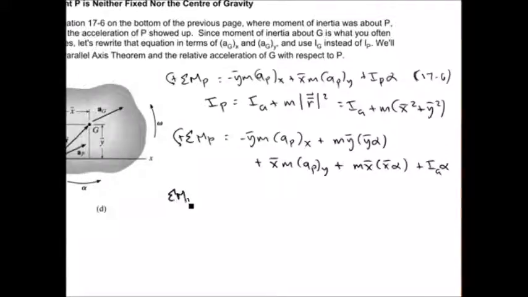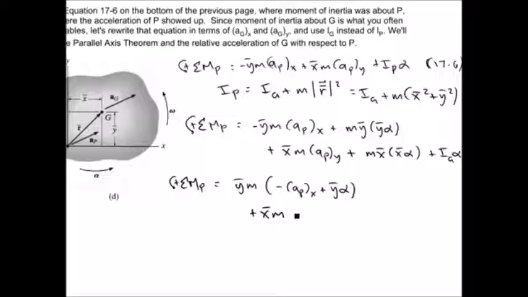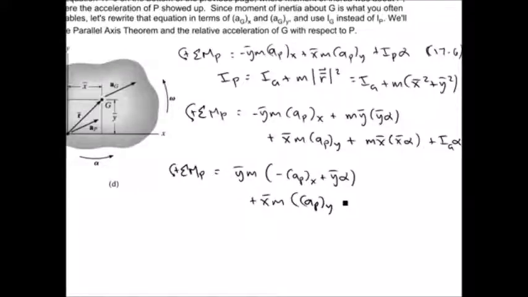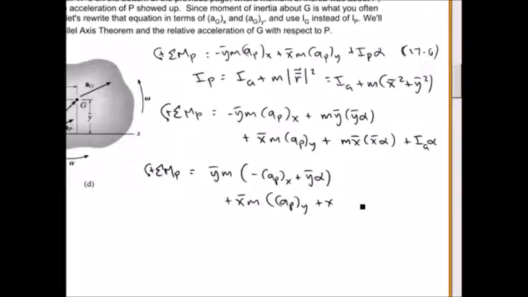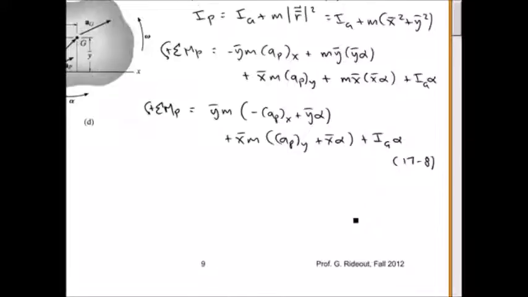So we can finally rewrite this as the sum of the moments about P is y bar m outside of minus apx plus y bar alpha, plus x bar m outside of apy plus x bar alpha, plus IG alpha. Now that equation in the Hibbeler text is equation 17.8.